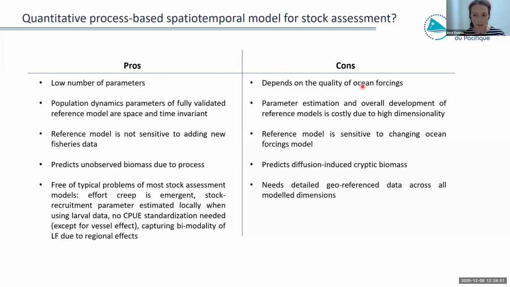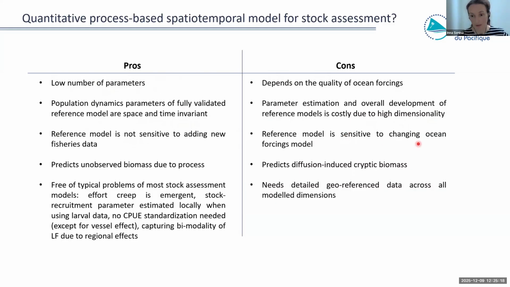It depends on the quality of ocean forcings. So on one side it's a pro, and on the other side it's a con. Population dynamics parameters, the fully validated reference model, are space and time invariant. However, the overall development of this reference model is costly due to high dimension. The reference model is not sensitive to adding new fisheries data.